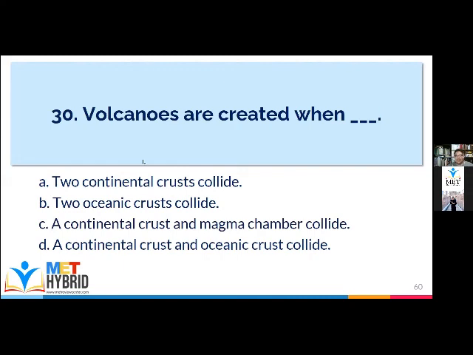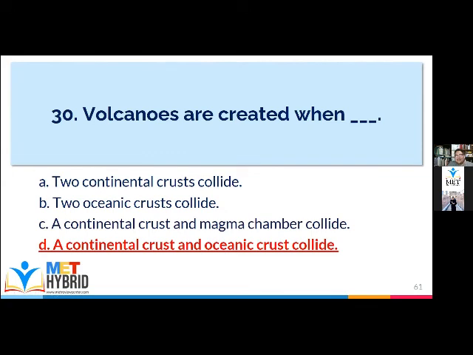D. When we try to recall your geology topics, your planet Earth is subdivided into different layers. So what are these layers? What is the outermost layer of your planet? Yes, the crust.